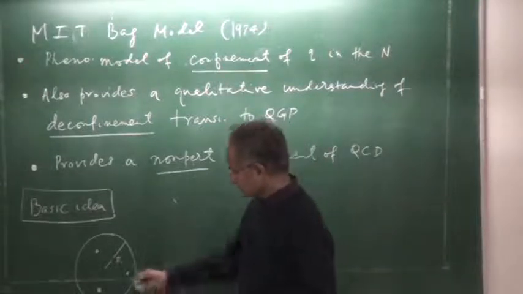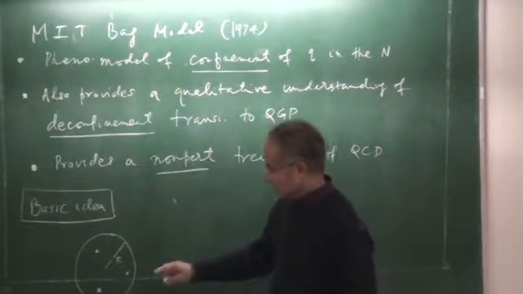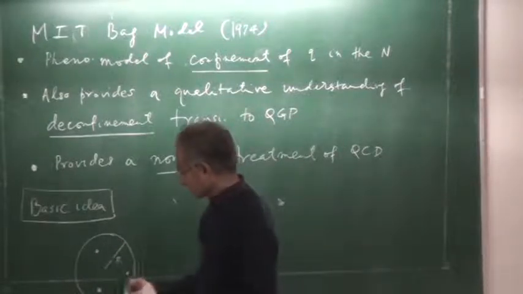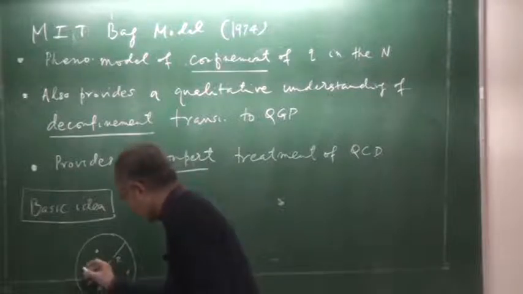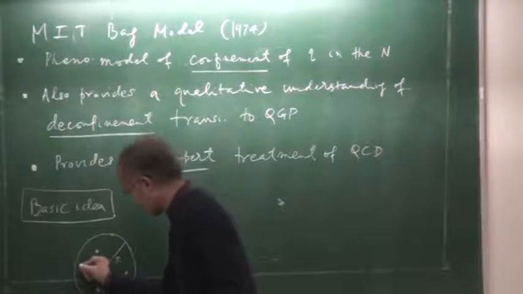And now there are 2 regions, inside the bag and outside the bag. Inside the bag, the vacuum is perturbative. This is the perturbative QCD vacuum.